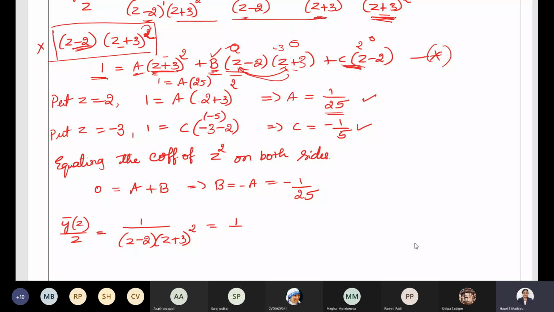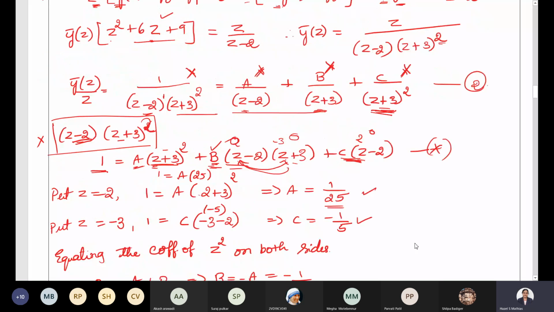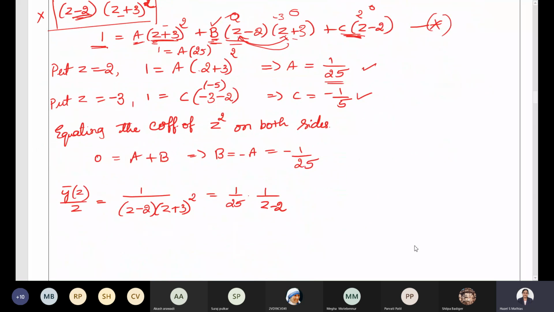What is A? 1 by 25 into 1 by Z minus 2. Plus B divided by Z plus 3. B value is what? Minus 1 by 25 into 1 by Z plus 3. Then third term C is minus 1 by 5 into 1 by Z plus 3 the whole square.